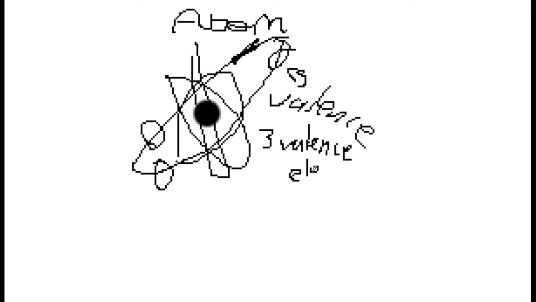What this means is that if we had an electron here, an electron here, an electron here, this atom, whatever it might be, has 3 valence electrons. So the octet rule would state that this atom would only become stable if it can somehow gain 5 more electrons or lose 3 electrons.